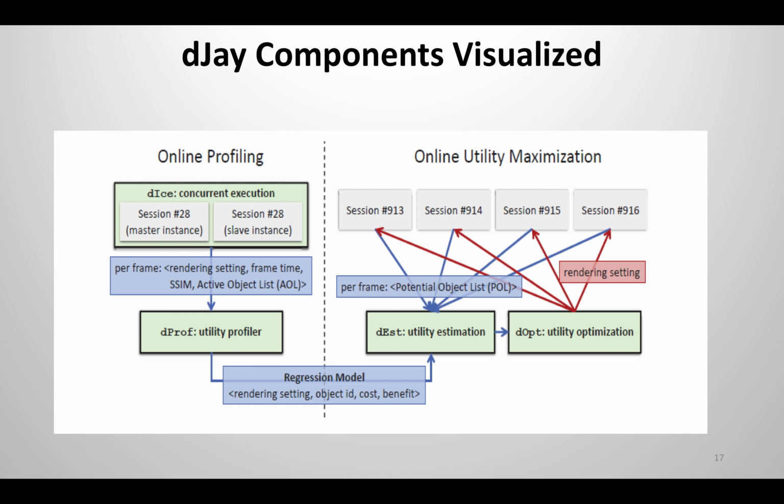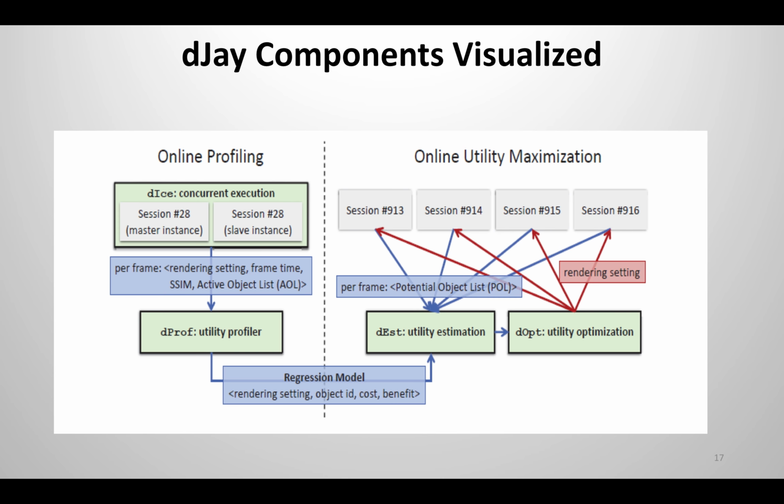From that we generate, per frame, the rendering settings and frame times, the SSIM and the active object list, and we're passing those parameters to dprof, which is the utility profiler.